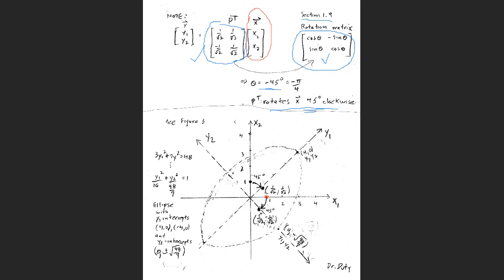If I were to put 1, 0 up here for my vector x point, 1, 0 would get transformed to 1 over root 2, negative 1 over root 2. So one of the new axes, the y axes, has to pass through that point, 1 over root 2, negative 1 over root 2, which is the normalized eigenvector, by the way.